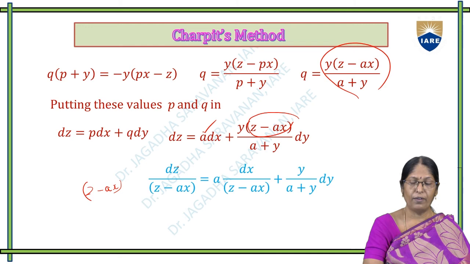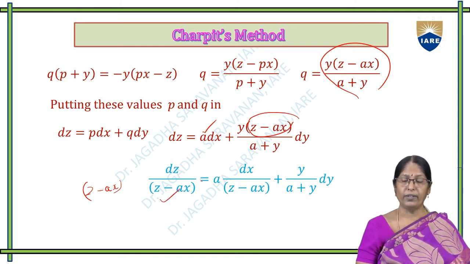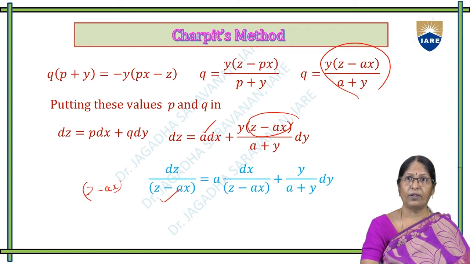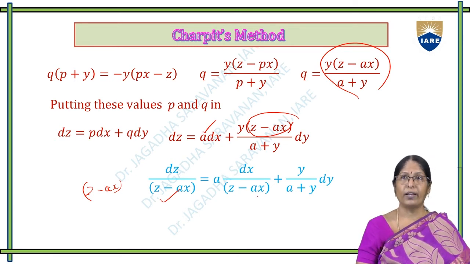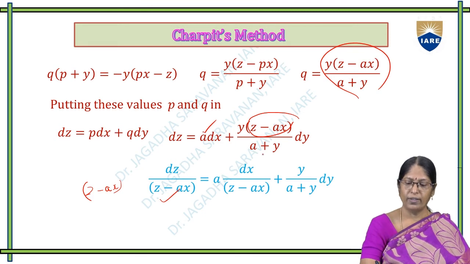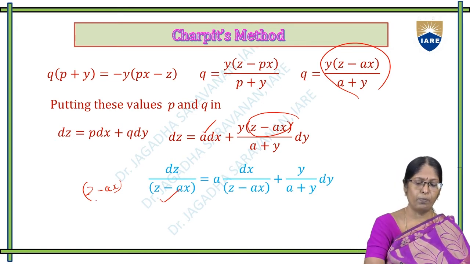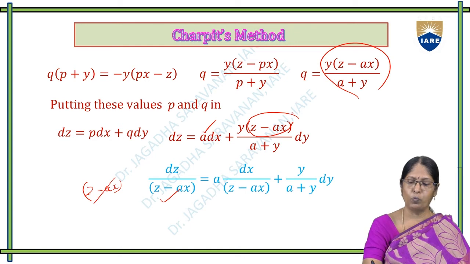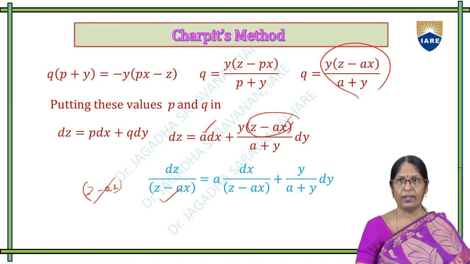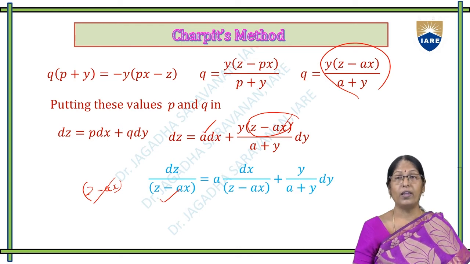Then the left side is dz by z minus ax. Right hand side, the first term is a dx by z minus ax, plus in the second term the numerator z minus ax is there, divided by z minus ax. Both of them get cancelled, plus y by a plus y into dy.